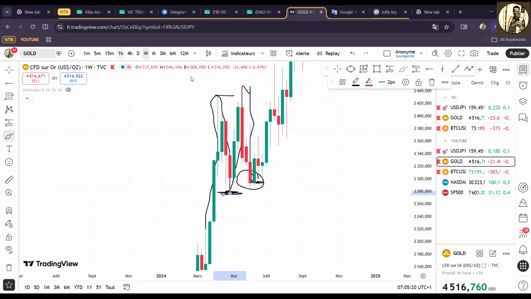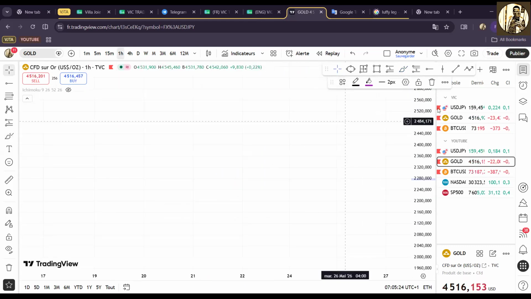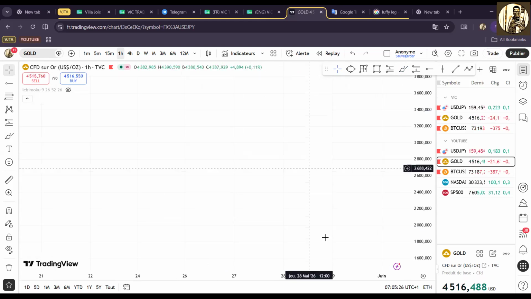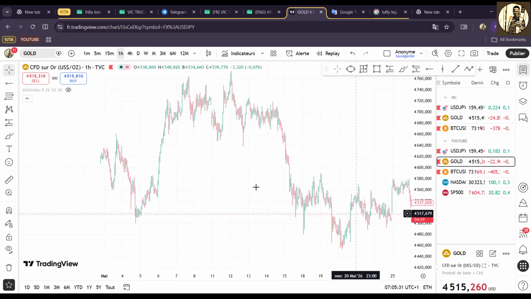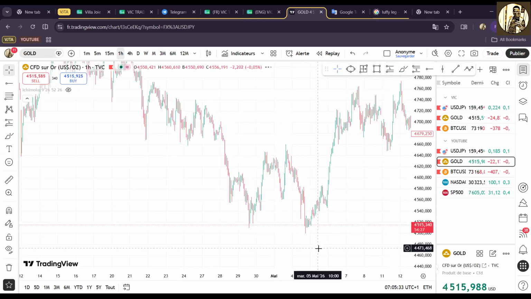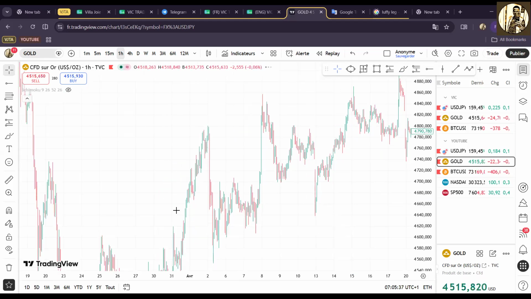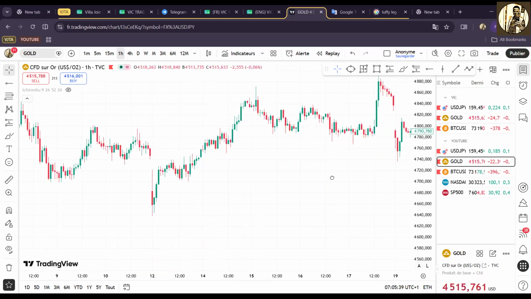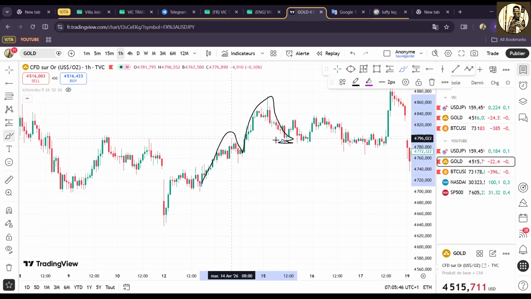And it also happened in 1 hour, on the day trading time frame, even on 15 minutes. So you have the price moving up, then creating this high, and then coming back at the level where it started, but it did not break this bottom.